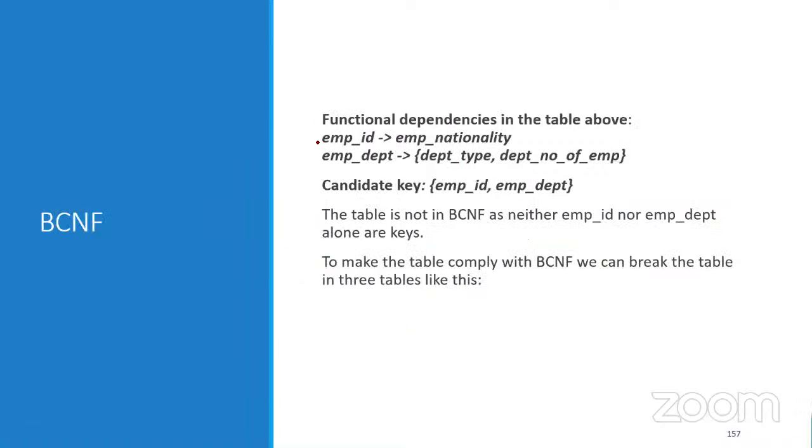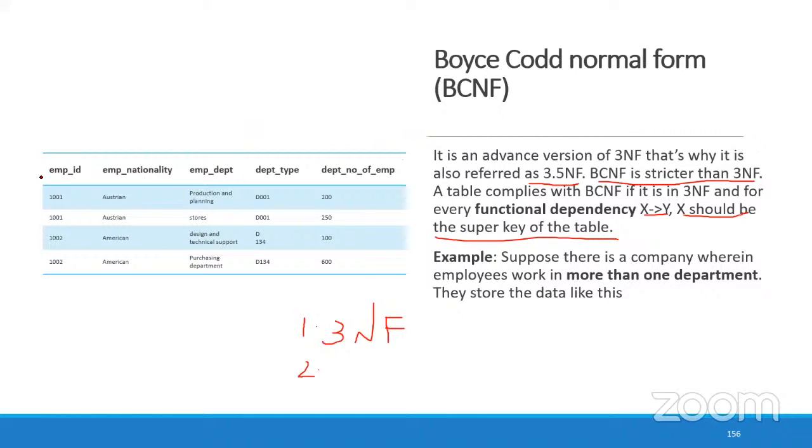Initially, the functional dependency from this table: employee ID is the unique ID for each and every employee, so it uniquely identifies each row of the data. And what is the other one?